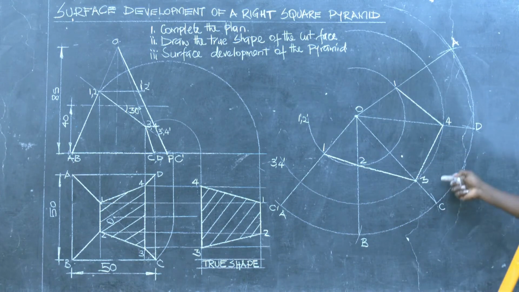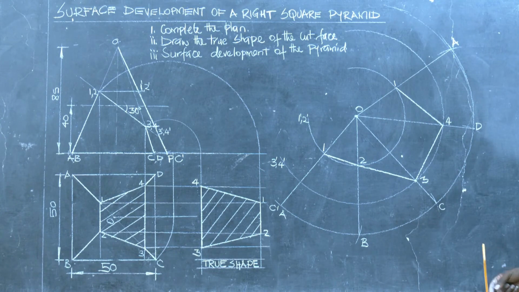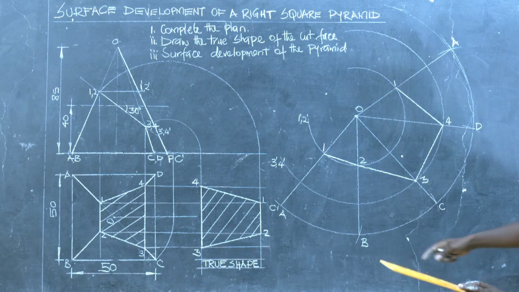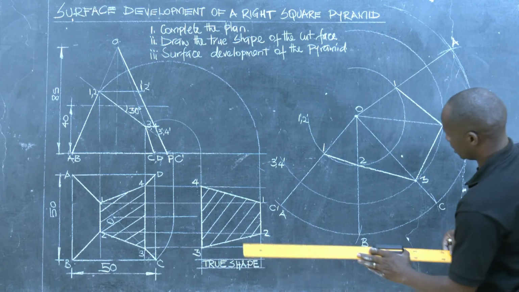But of course, we know this is a square pyramid, so the base is also not a curve, they are straight lines. So we use straight lines to join points A, B, BC, CD, and DA.